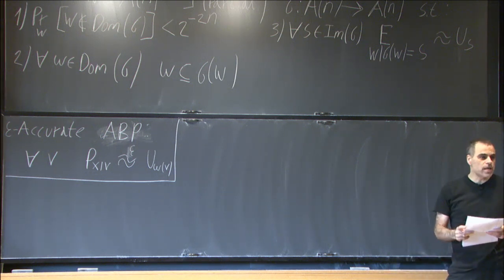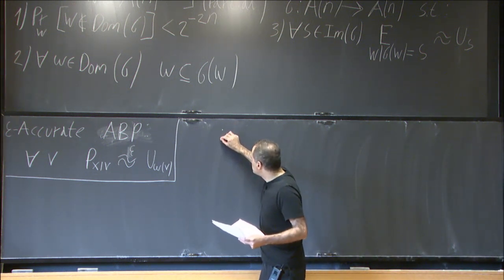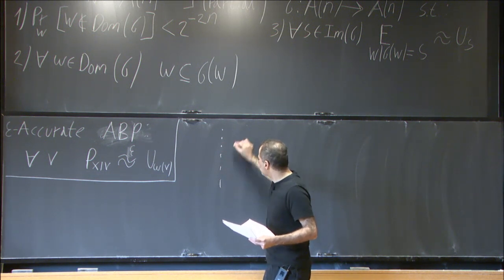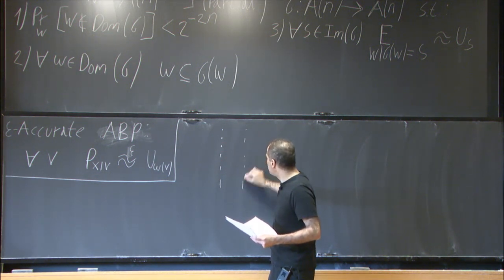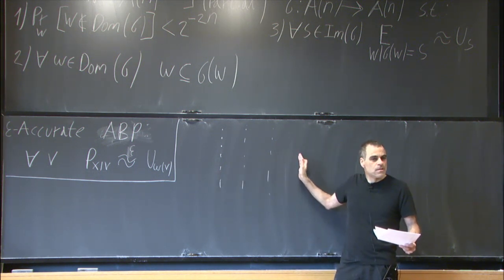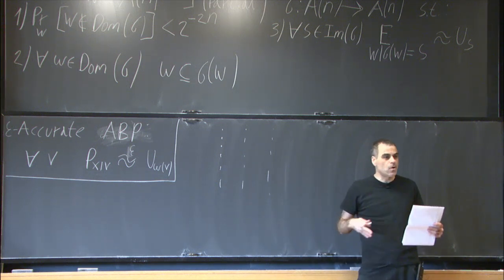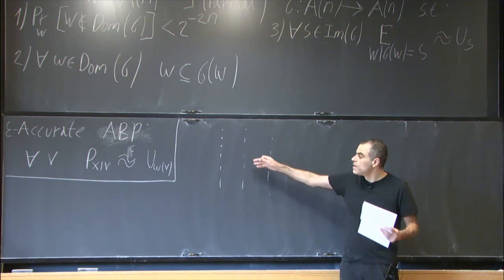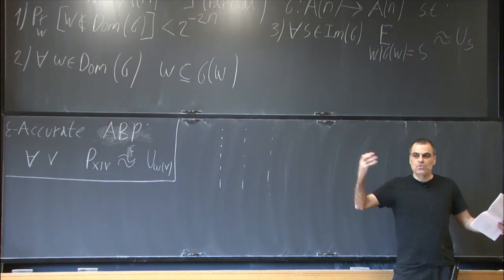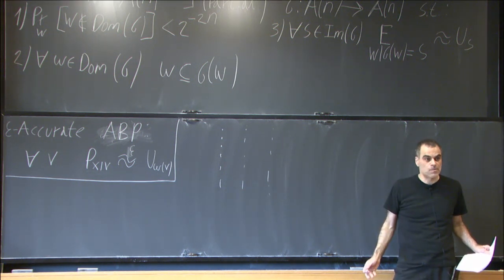And the simulation will be by induction. So the induction, these are the layers of the general branching program. We will work layer by layer on the general affine branching program, and layer by layer we will try to simulate it by an accurate affine branching program.